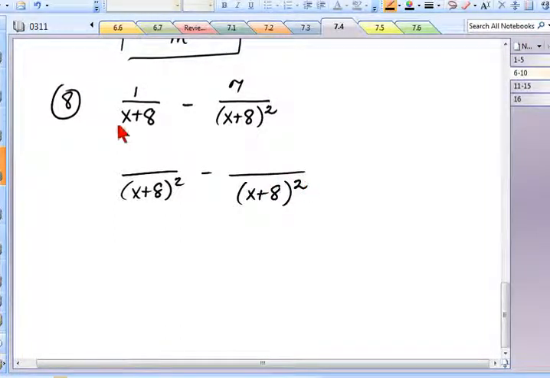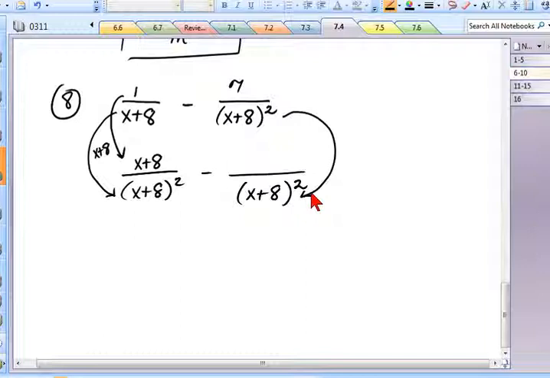It's time to compare old to new. What do you have to multiply x plus 8 by to get x plus 8 squared? Yes, I need an x plus 8. When I multiply it times the top, 1 times x plus 8 gives me x plus 8. So that was easy.